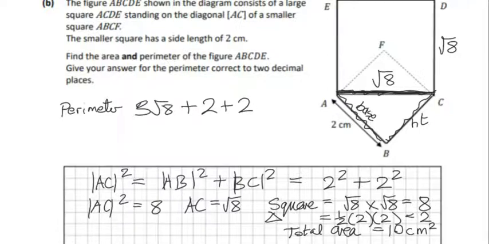That would be AB and BC. So that will give a total of 12.485. And to 2 decimals, 12.49. And that's in centimeters.